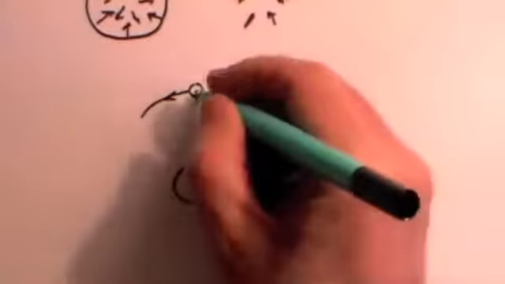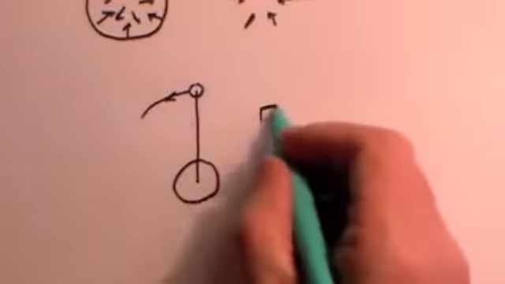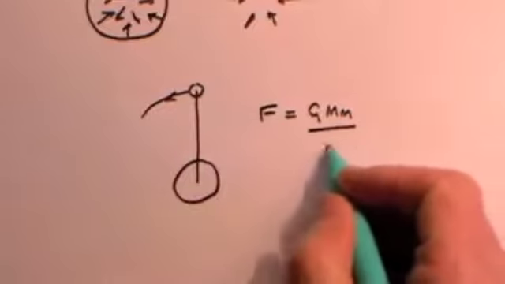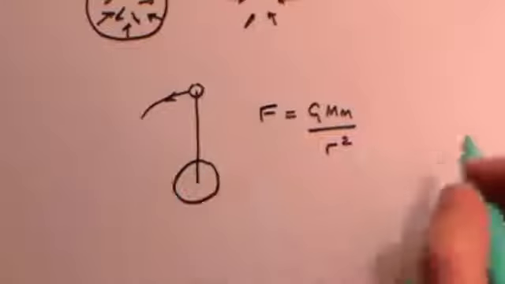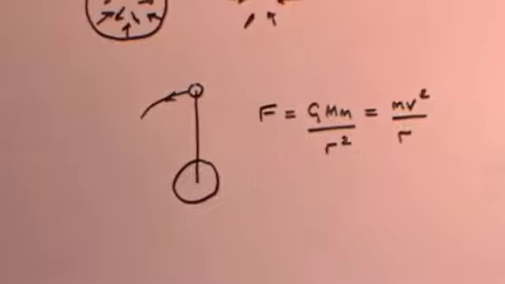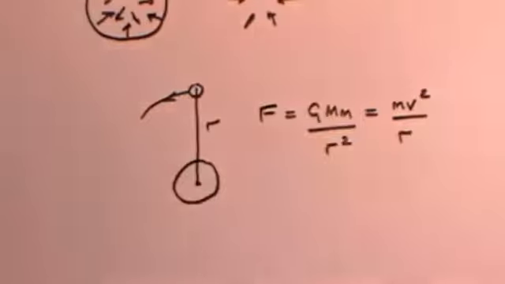And the reason it orbits the Earth, at least as far as Newtonian mechanics is concerned, is because the Earth exerts a force on the Moon, which is GMm over r squared, and that force provides the centripetal force that keeps the Moon in orbit, and the centripetal force is mv squared over r. So that's what's keeping the Moon in orbit, and r is the distance between the centre of the Earth and the centre of the Moon.